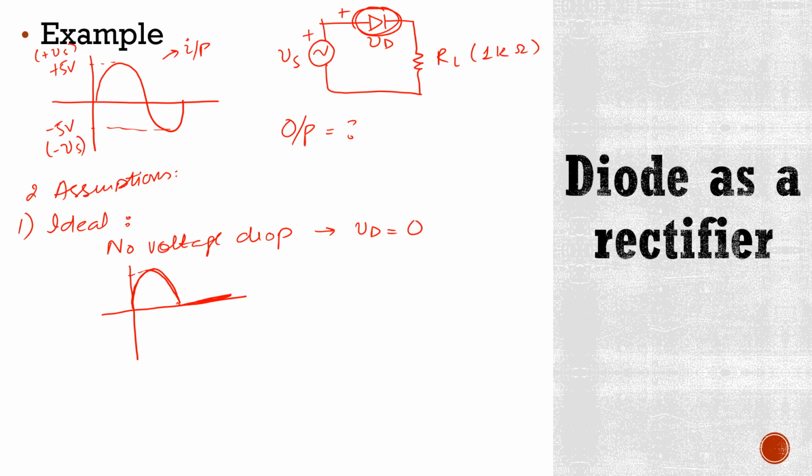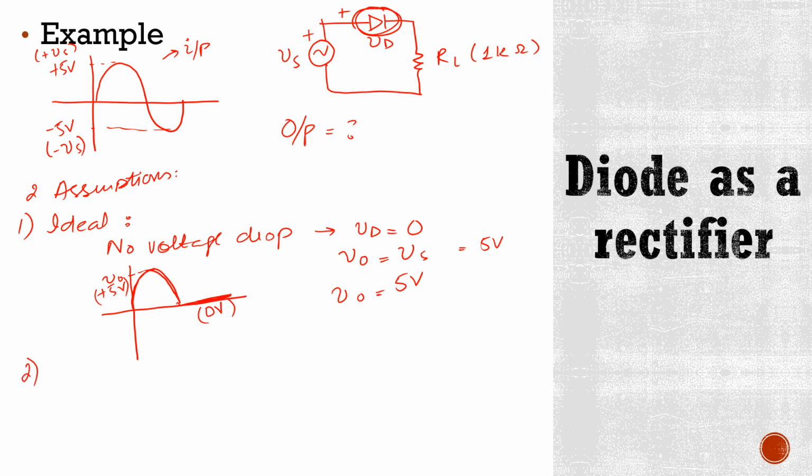Now, what is the magnitude of this output voltage here? We know that in case of an ideal diode, V0 is equal to Vs. Here, Vs is 5 volts. It means V0 is equal to 5 volts. So the magnitude here is plus 5 volts. And here there is 0 volts because the diode is off.